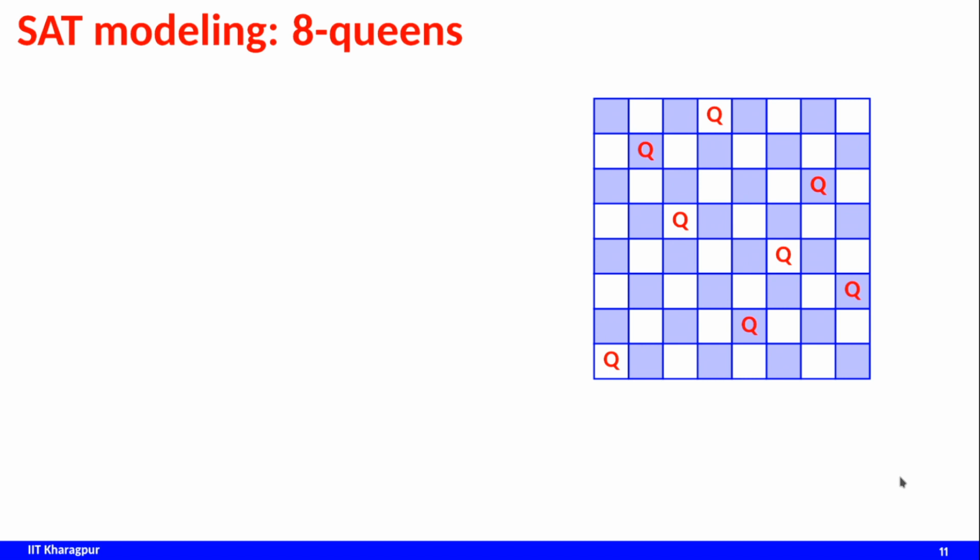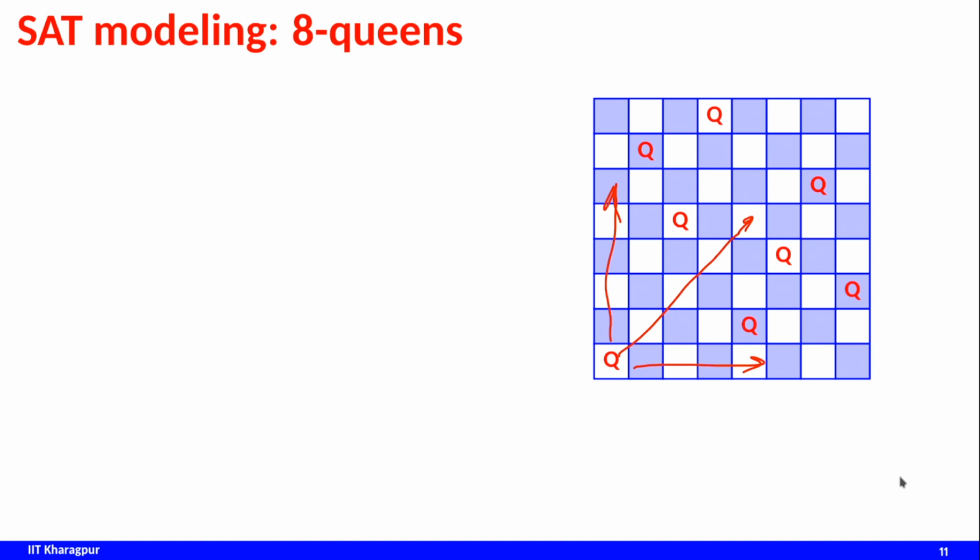So now I will come to an interesting problem, the queens problem, specifically the 8 queens problem. We would like to model this problem, where we have to place the queens on the chessboard such that no queen is attacking another, and we know the queens can move in the horizontal direction, in the vertical direction, or in a diagonal manner.